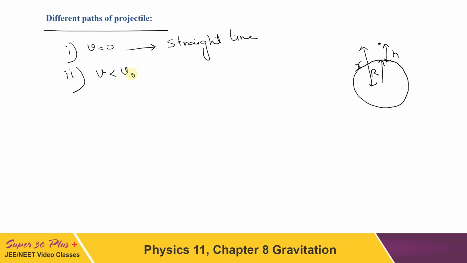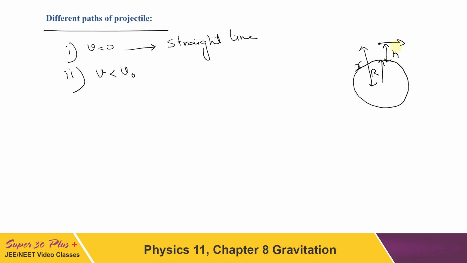Now the second case, where v is less than the orbital velocity. Orbital velocity is the velocity with which, if it is projected, it will start orbiting around the Earth. We will see in our next session what its value has to be. But if Vo is the orbital velocity and the satellite has been projected with velocity less than Vo, in the direction shown here, then the path will be elliptical.